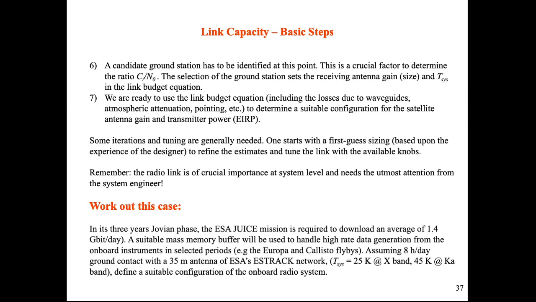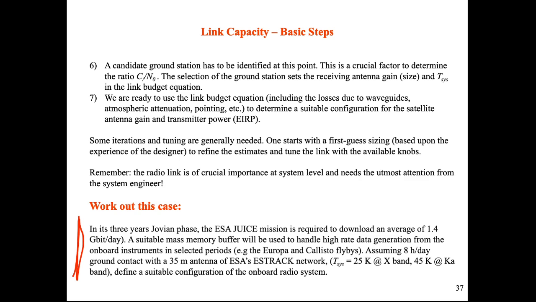If I have time, I will also put a slide on the sizing of this particular case. It is important for JUICE, the mission JUICE here. This is an interesting exercise that you can do by yourself.